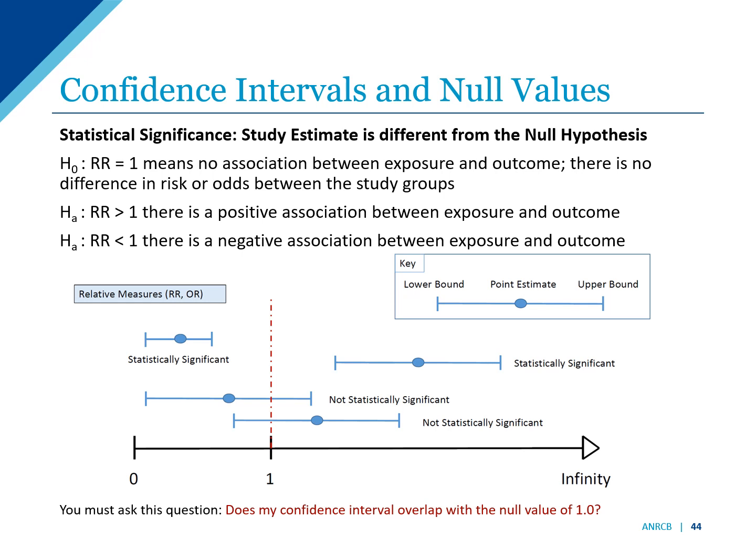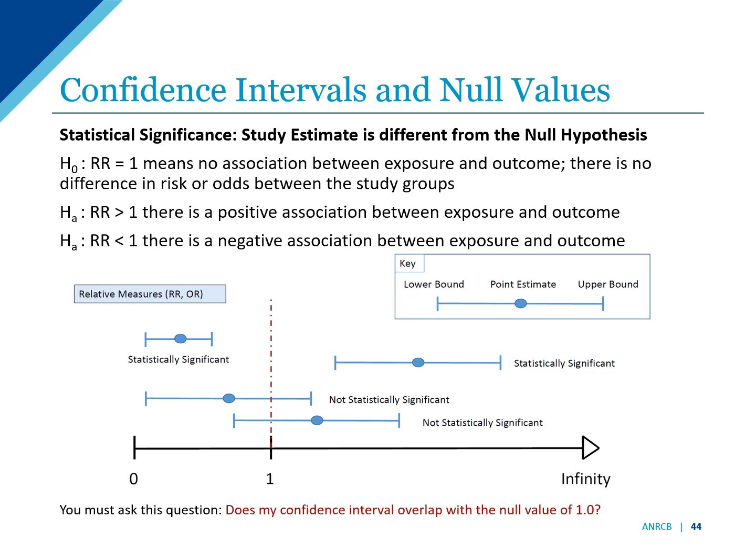These are examples of relative risks, some that are greater than the null value of 1 and some that are less than the null value of 1 that are statistically significantly different than 1 because they do not cross that null value.